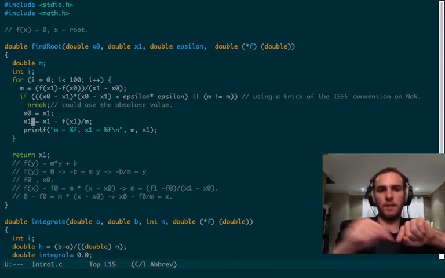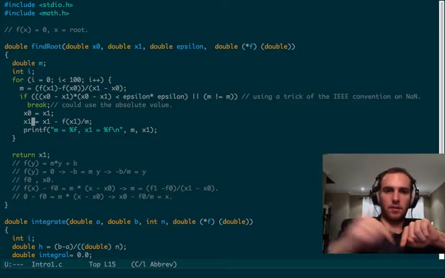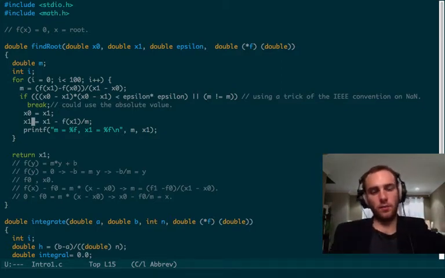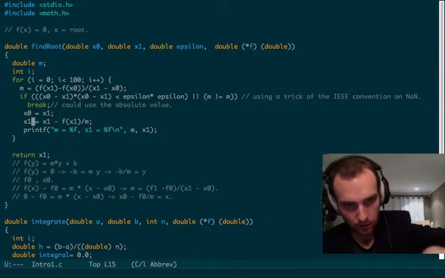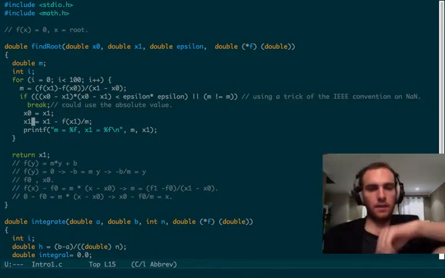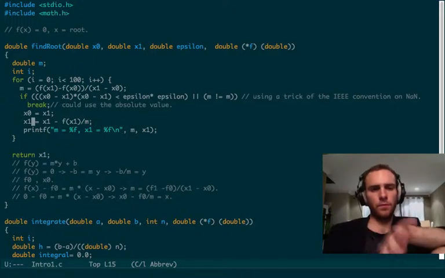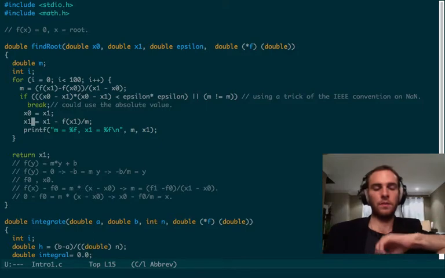So you have something inside, and it might do something stupid, and then you just go to not a number, but instead of going to not a number, you fall back to the bisection for this step. But for the secant method you have 2 points, so you couldn't.